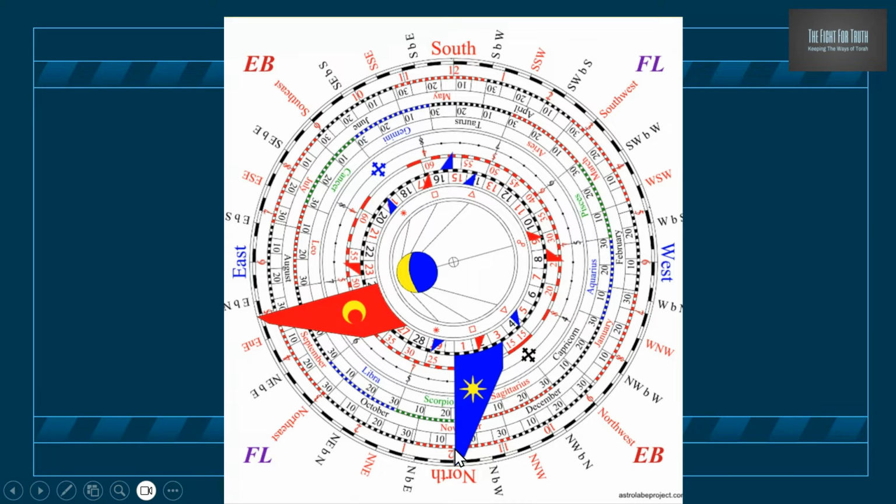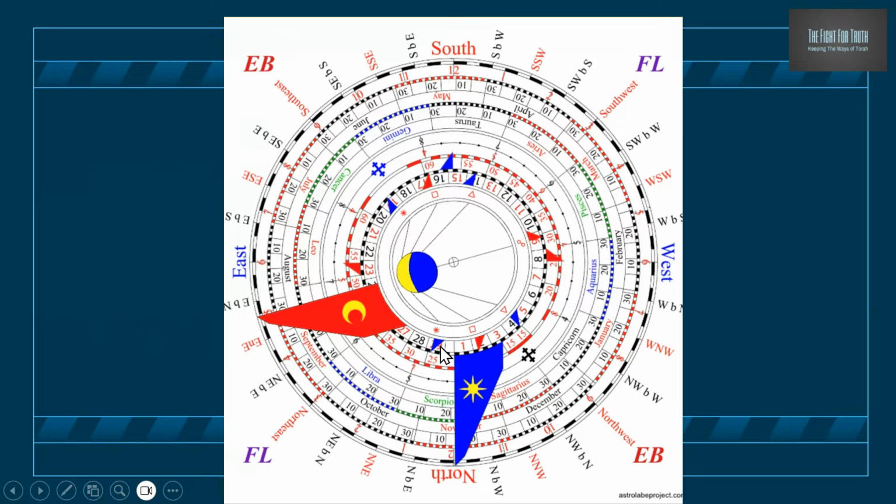Okay, and then we do a few things here. The volvel, if you have one, works off of when the last new moon was. There is a counter, and it goes from 1 all the way over to 29, so you need to know when the last new moon was.